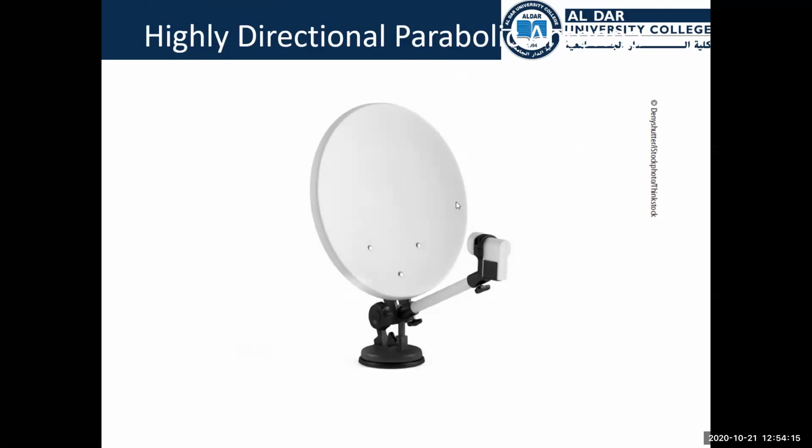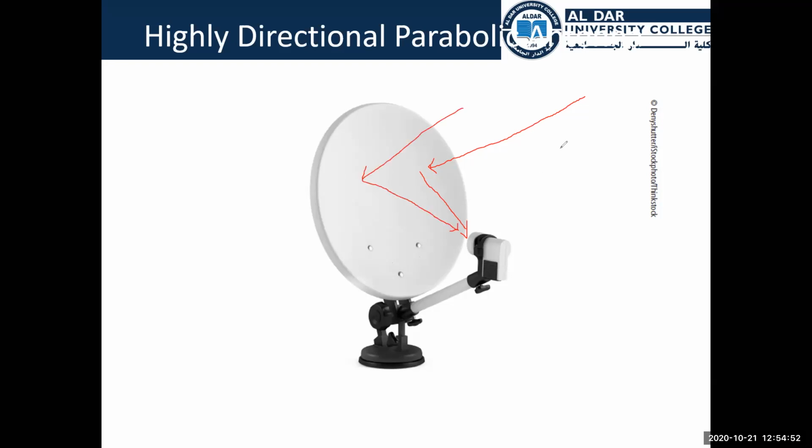Why is this dish there? It's very simple, maybe you know about it. The signal is coming and bouncing from here, and then goes to this lens or something. I'm not good at the names of these parts. But anyway, the idea is the signals hit this dish and then bounce back to that place. All the signals do the same, bouncing to the same place.